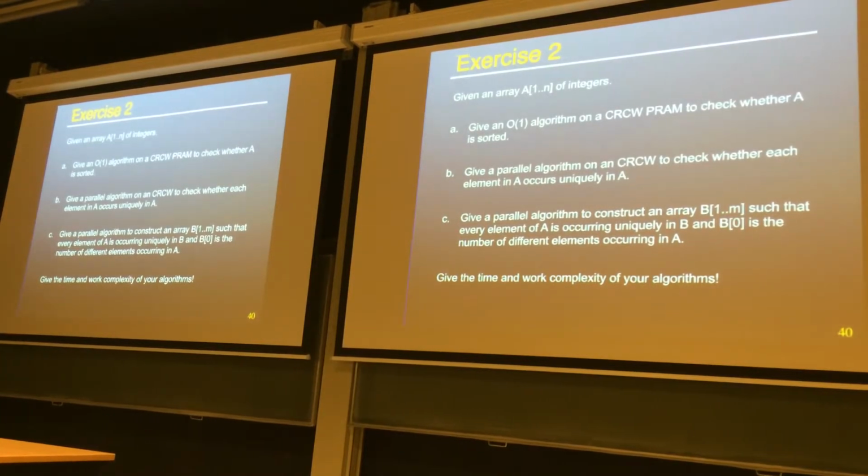Secondly, could you give me an algorithm that checks whether or not each of the elements in A occurs uniquely in A? And finally, that's the most complicated part, give a parallel algorithm to collect all the unique numbers in an array B, and finally tell me how many different elements there are occurring.